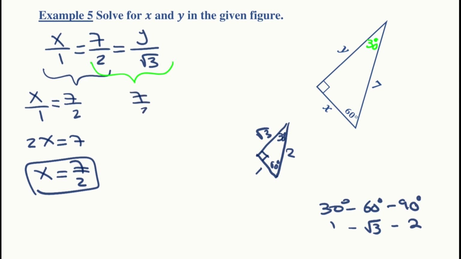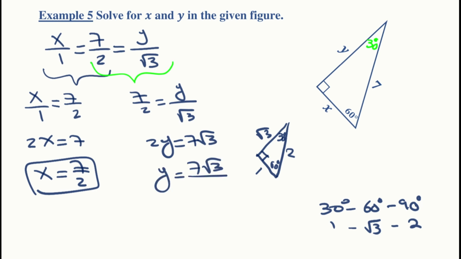So 7 over 2 equals y over square root of 3. So we cross multiply, we get 2y equals 7 radical 3. So y equals 7 radical 3 over 2. So now we have solved for both x and y.